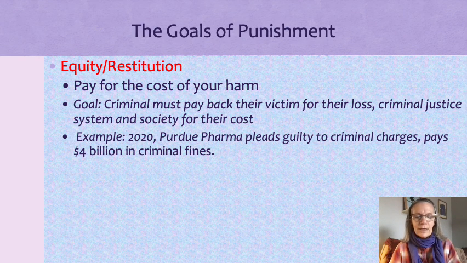They lied about the addictiveness of the drug, and it led to a lot of drug overdoses and drug abuse that resulted in death. They pled guilty to criminal charges, and their sentence was to pay $4 billion in criminal fines, with the hope of that money going to helping communities that have been harmed by the opioid crisis.